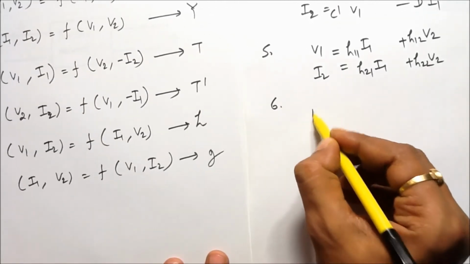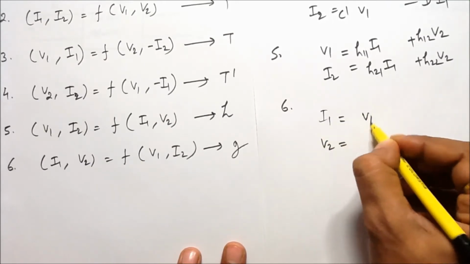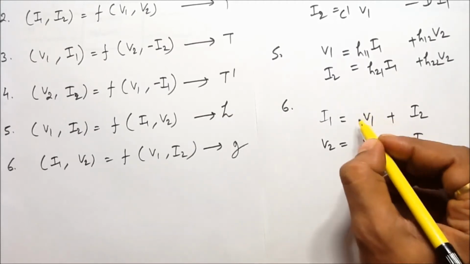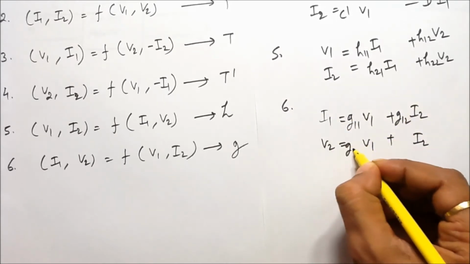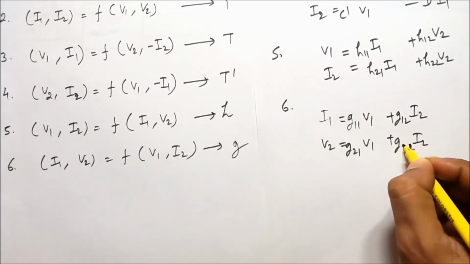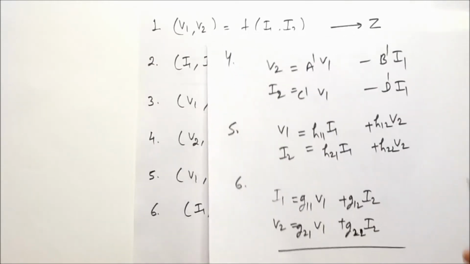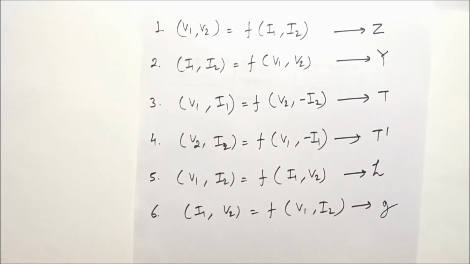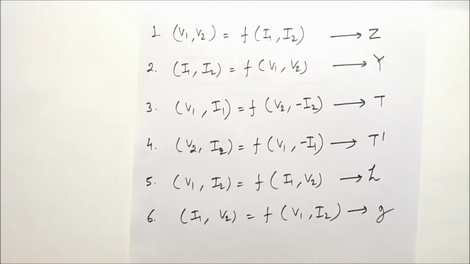So you can write I1, V2 is the function of V1, I2, and these equations are related with the G parameters G11, G12, G21 and G22. So if you remember 6 equations, you can write these equations in this form and you can solve almost 90% of the problems of the two-port networks.